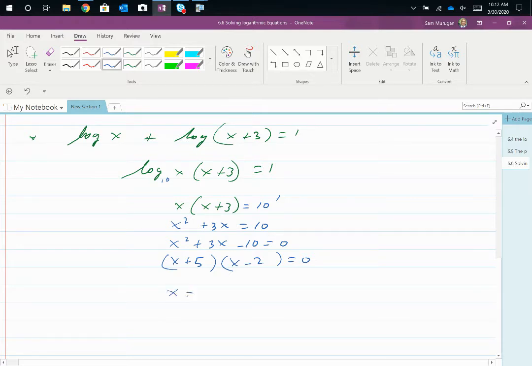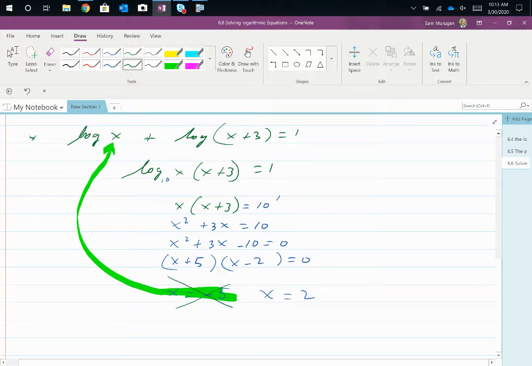So x is equal to negative 5 and x is equal to positive 2. And notice that if we substituted negative 5 into the original equation, we would be trying to take the logarithm of a negative number, and so we have to discard this answer. However, 2 works.